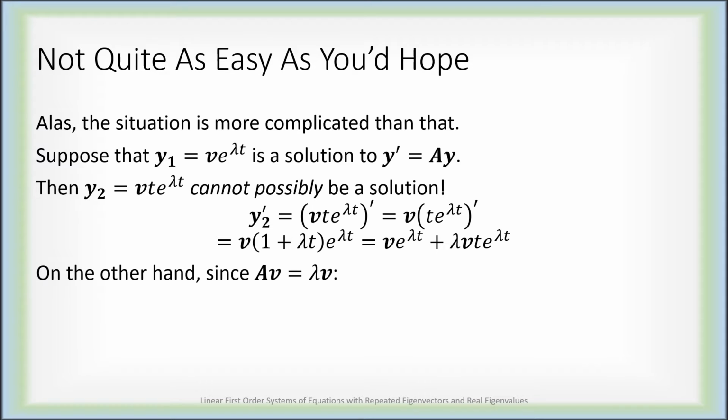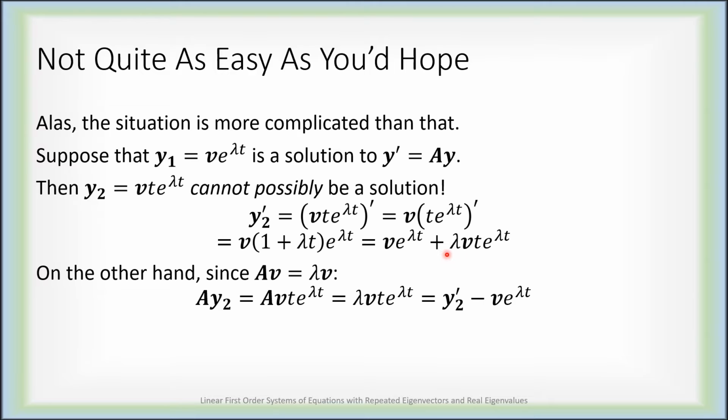On the other hand, since lambda has to be an eigenvalue of the matrix, Av equals lambda v. So Ay2 must be Av t e to the lambda t, because y2 is v t e to the lambda t. If Av is lambda v, I can perform that substitution right there. But notice what we now have. We have lambda v t e to the lambda t.